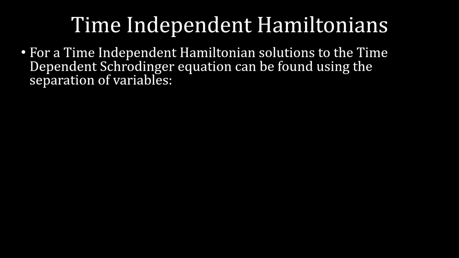So first, let's talk specifically about the case of time-independent Hamiltonians. For a time-independent Hamiltonian, solutions of the time-dependent Schrodinger equation can be found using the separation of variables. What that means is psi of q and t, our total wave function, can be separated into a spatial part, which we'll call lowercase psi of q, q being our spatial coordinates, times a function of only time.